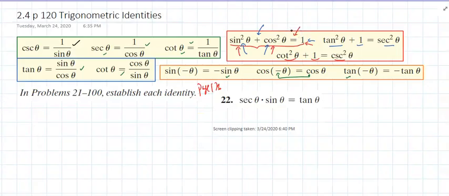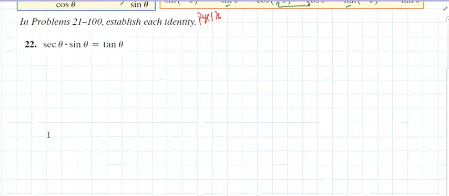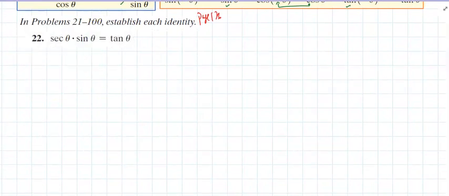What this means is, show that those two are the same. Now, you are allowed to work with one side. You look at both sides and glance at it, say, okay, which side looks more complex? That's the side you want to start with. Theoretically, you could start with either side and get the same answer.